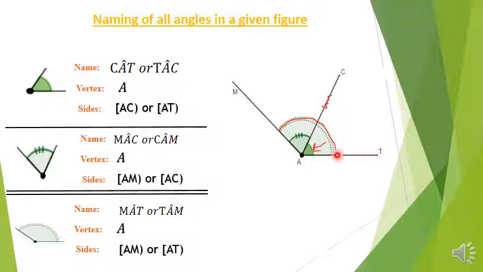So we are talking about this angle. So what is the name of this angle? It's MAT or TAM. We put the vertex A in the middle and we put a cap up.